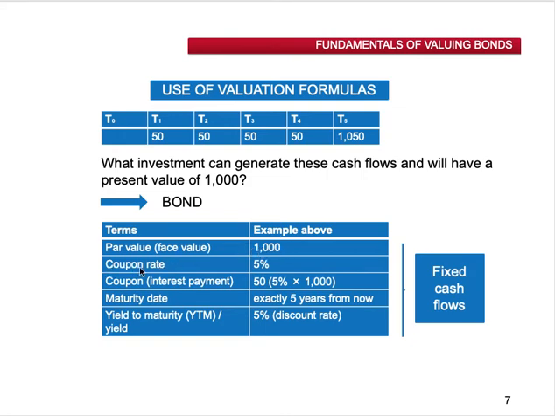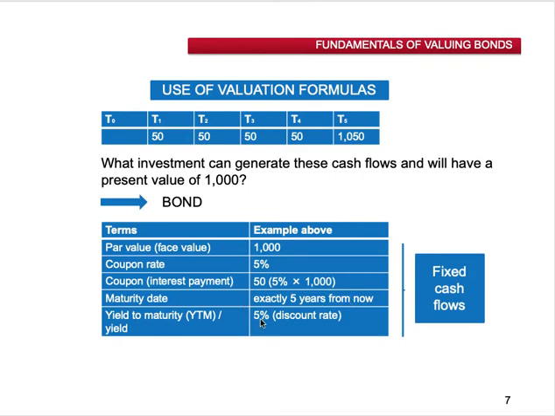You also receive, as the owner of the bond, 5% coupon rate, which gives you a coupon payment of 50, which is equivalent to 5% times the face value.